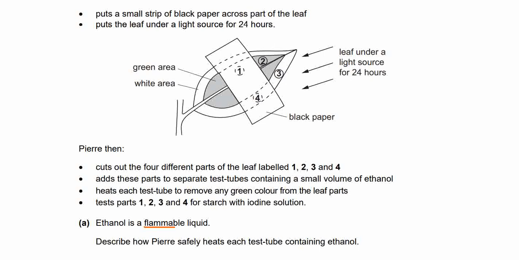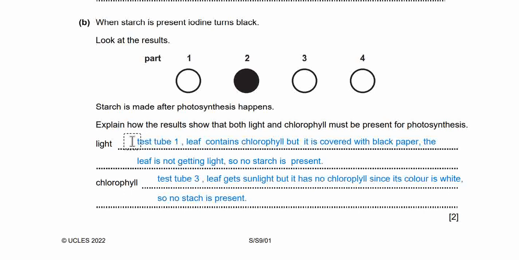Let's type down our answer. For light: test tube 1, the leaf contains chlorophyll, but it is covered with black paper. The leaf is not getting light, so no starch is present.